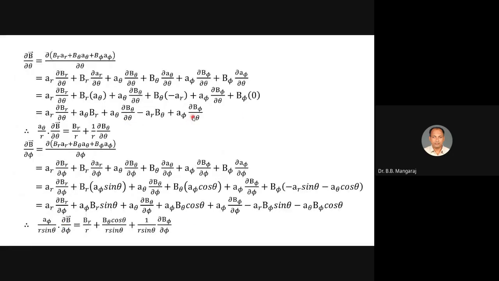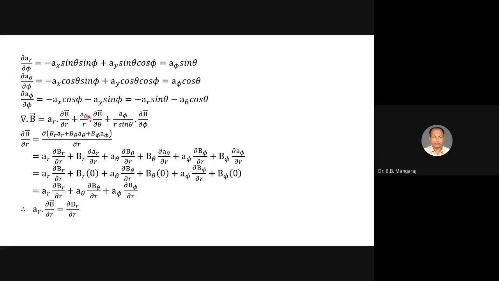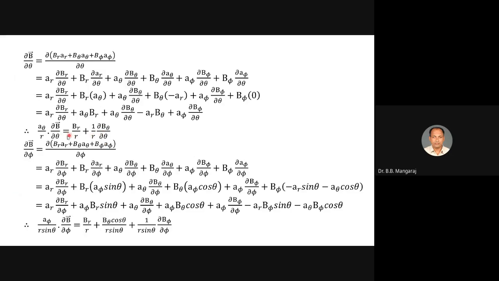So here we have a theta dot producted with del v by del theta. So let us find it here. So we have two terms, because a theta dot product with a r gives us 0, a theta dot product with a theta is 1. So these two terms give us b r by r and 1 by r del b theta by del theta, and the rest all are 0. So we got the second dot product.